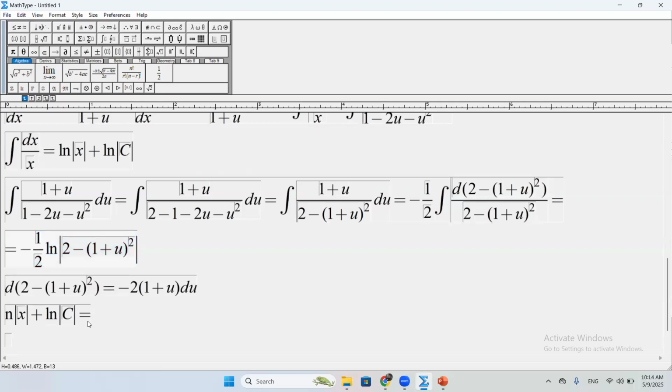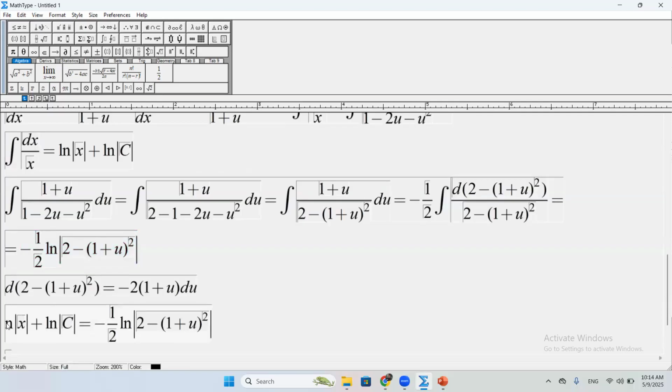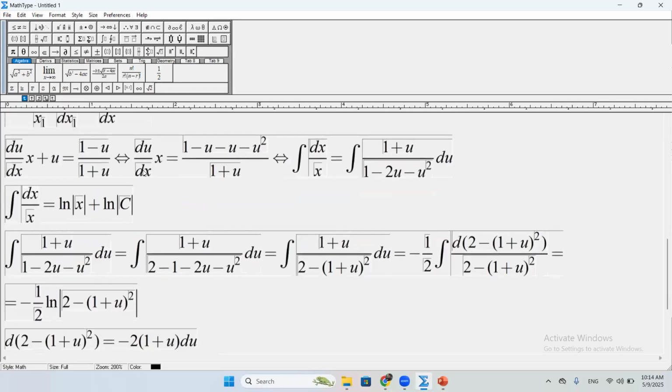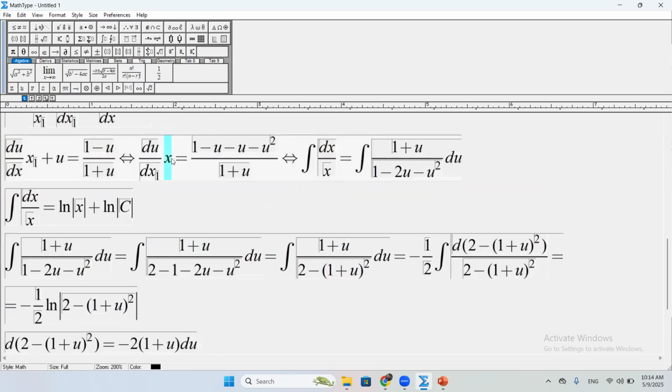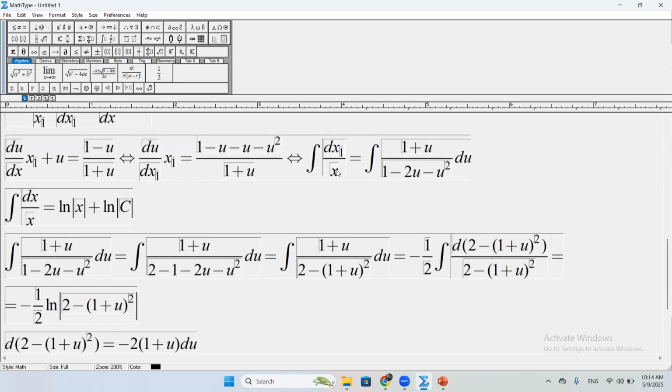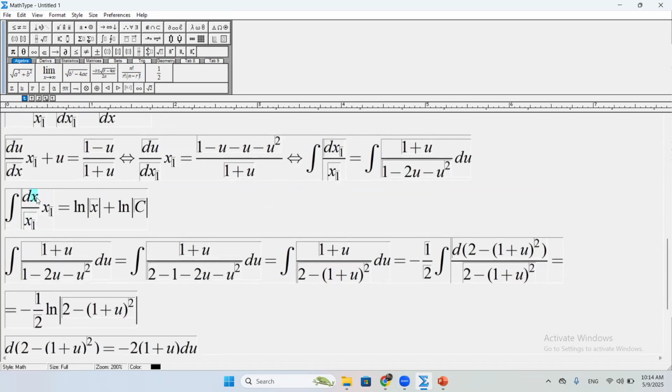And now we will start moving to old variables. By the way, I forgot that here we have x1 everywhere. So we'll replace x with x1 everywhere. So x1 also should be dy1 over dx1.